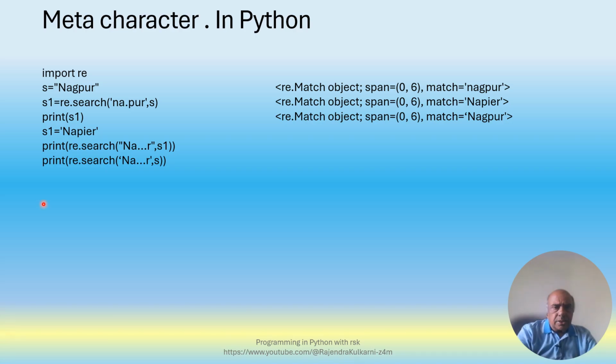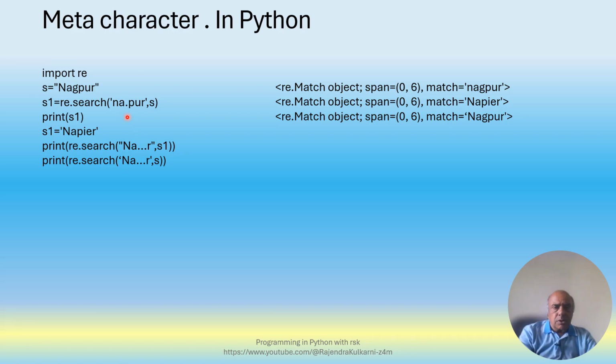In the next meta character, the dot, we will be using: import re. S is Nagpur. The string is Nagpur. What we are going to do is S1 is equal to re.search na.pur.